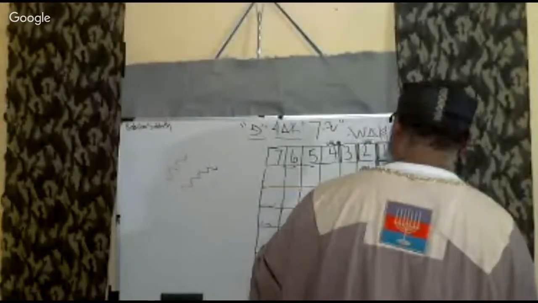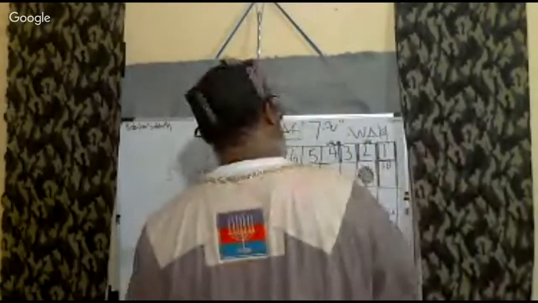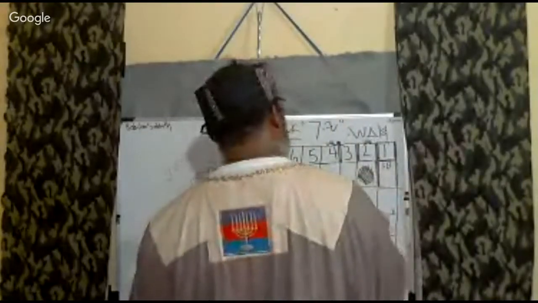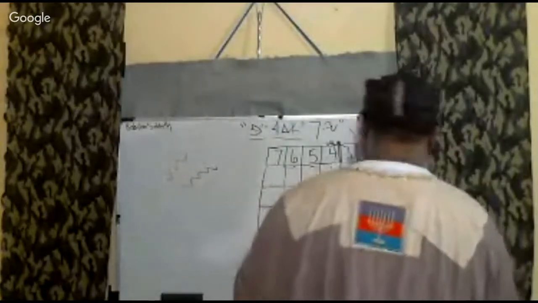So that's going to be 4, 5, 6, 7, 8, 9, 10, 11, 12, 13, 14, 15, 16, 17. That's 2, 18. That's 1, 2, 3, 4, 5, 6, 7, 8, 9, 10, 11, 12, 13, 14, 15.